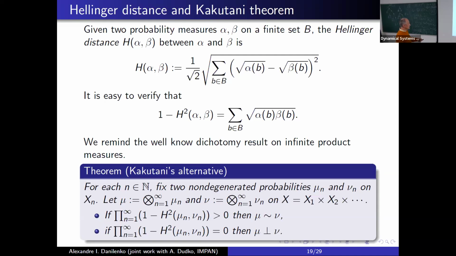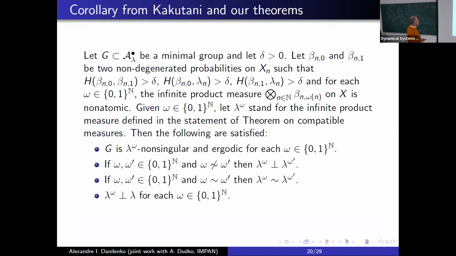Definition of Hellinger distance. And then from the Kakutani theorem and our theorem, we can deduce that if beta n0 and beta n1 are sufficiently far from each other, more than delta, and moreover each of these measures is far from lambda n, then if we use this construction, we obtain measures with the following properties.